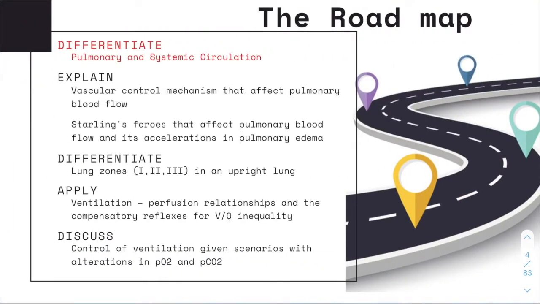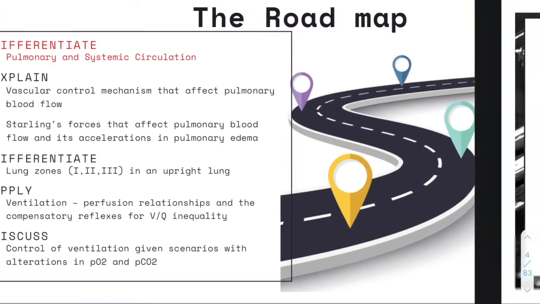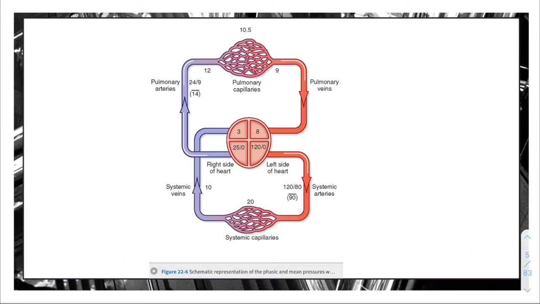differentiating pulmonary and systemic circulation, let's look at the circulatory system. So, this is the whole entire circulatory system. So, the pulmonary circulation begins at the main pulmonary artery, the blue line here, which receives your mixed venous blood.